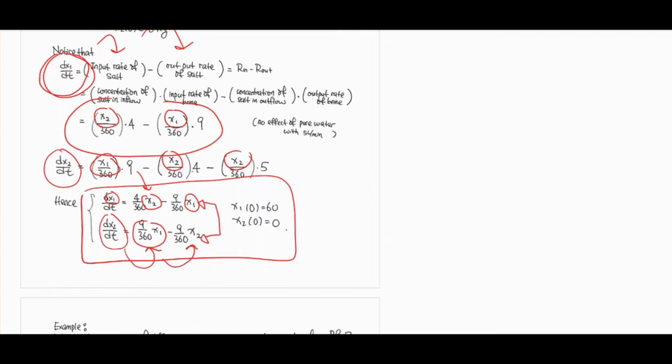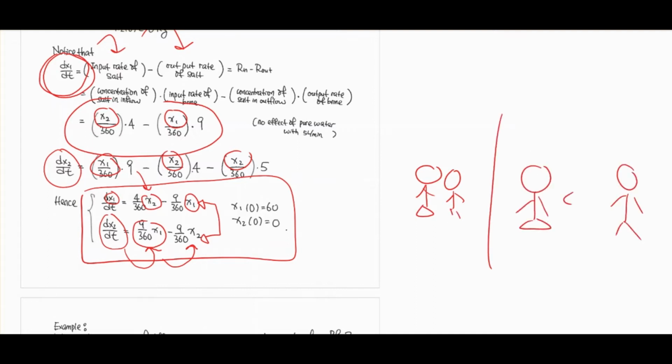This is called a coupled system. It is difficult to solve a coupled system, and you will see how we can use the diagonalization process to decouple the system. A couple, and decouple, right? I think you know what I mean by a coupled system, and then a decoupled system.